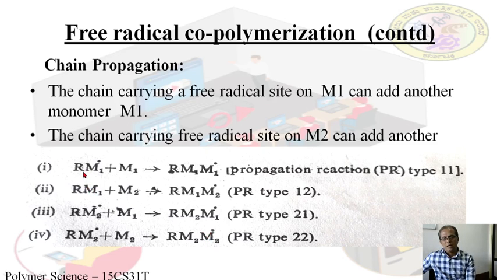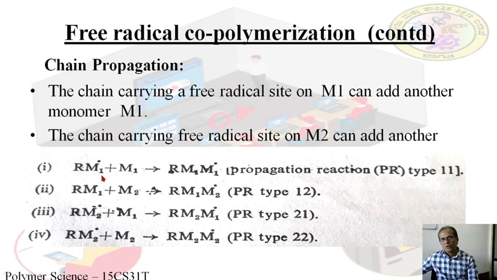See, the initiated molecule, that is M1 type, will come in contact with a fresh monomer of M1 type. Then the shifting of this free radical site takes place, linking up of these two takes place, thereby RM1 star or dot. This way we can represent it. This is the now growing chain. So we say this is the propagation reaction.